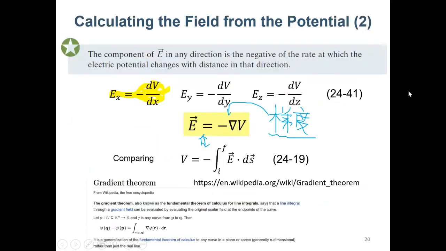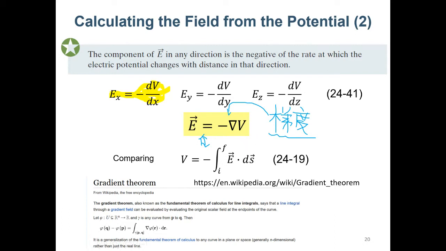Okay, last time we just covered the relationship between the electric potential and the electric field. We use the gradient operator to link the electric field and the electric potential.